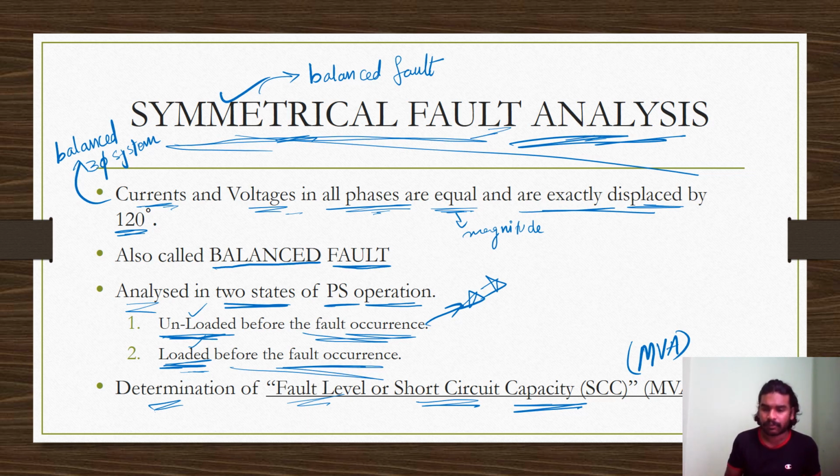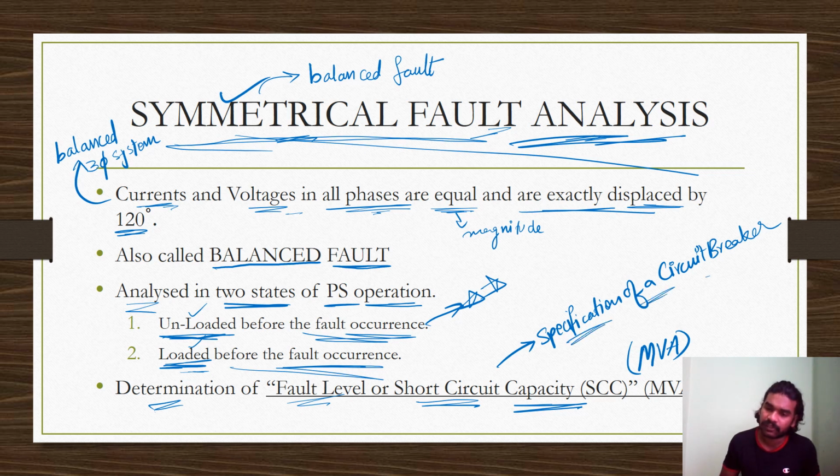This fault level, or short circuit capacity, is nothing but the specification of a circuit breaker, and it is measured in megavolt amperes.